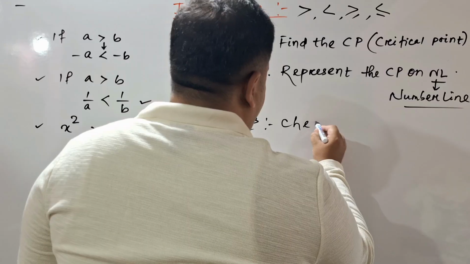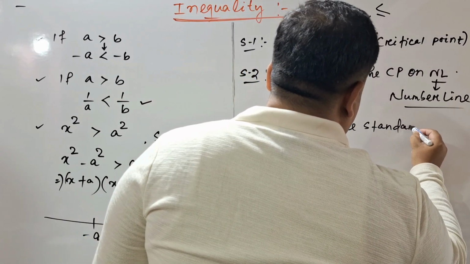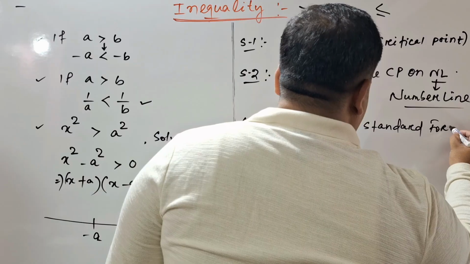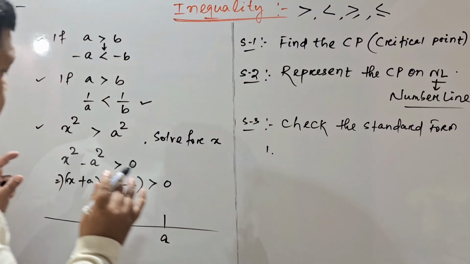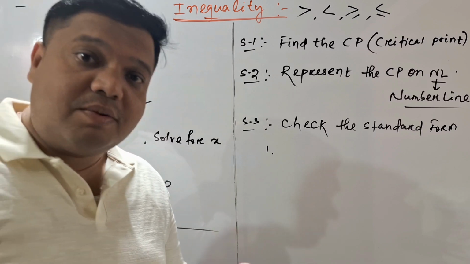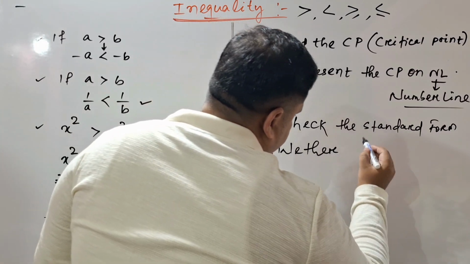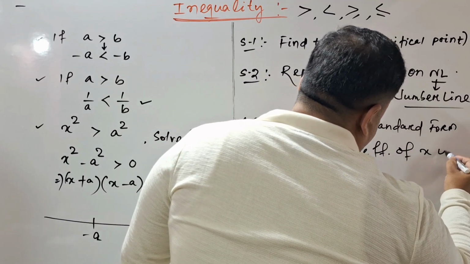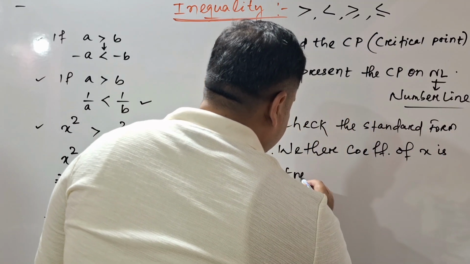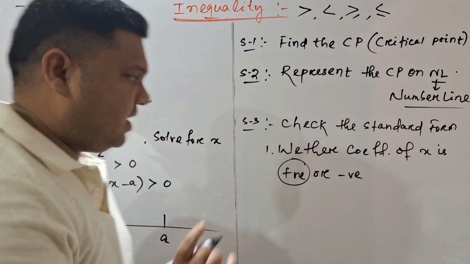Then step number 3, check the standard form. Standard form means what? Here you just remember two points. You have to check whether the coefficient of x is positive or negative. If it is positive, standard form is satisfied.